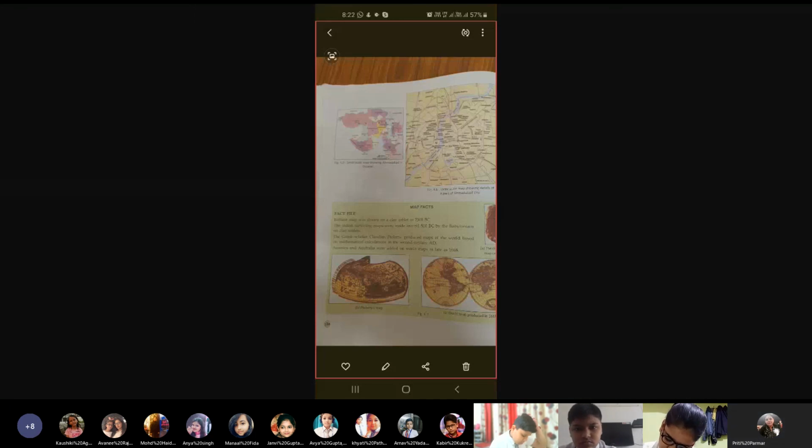Then America and Australia were added on world maps as late as 1668. Underline America and Australia. Please close your mics. America and Australia, underline these two and underline 1668.